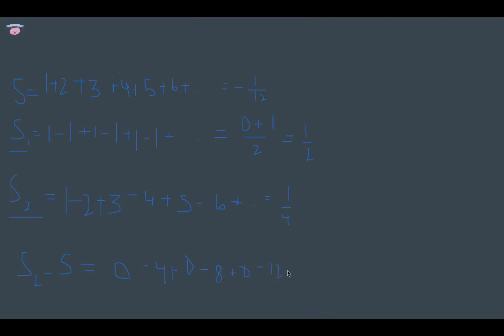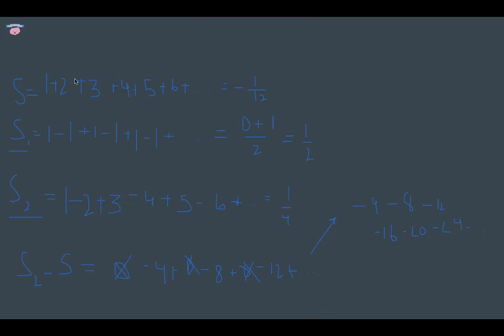And so on. This may not look like anything to you, but a few more terms. So far we have 0, negative 4, 0, negative 8, 0, negative 12, 0, negative 16, 0, negative 20, 0, negative 24. Now there might be a pattern. First we can get rid of the zeros like we did last time. Then we get negative 4 minus 8 minus 12 minus 16 minus 20 minus 24, and so on, of course.